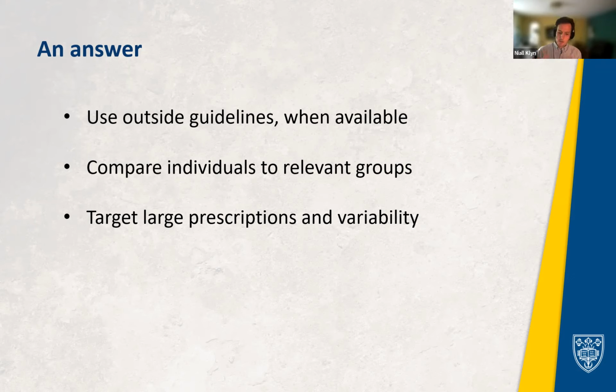And then from these conversations, the decision was made to target large prescriptions, meaning high dosage prescriptions, and then somewhat the variability in those prescriptions. Now, I will talk more about that because I think it's an interesting problem, and my meeting right after this one is me arguing that we need to focus on the variability more specifically in this use case.